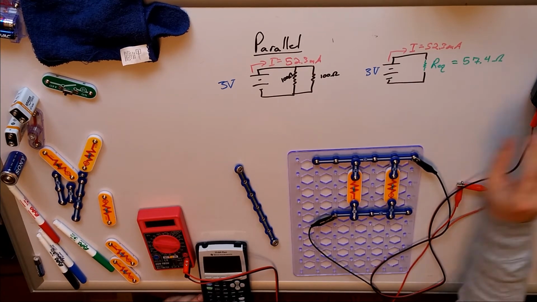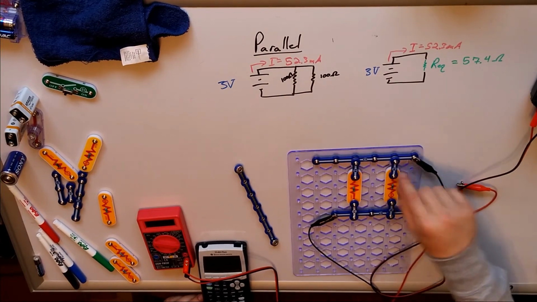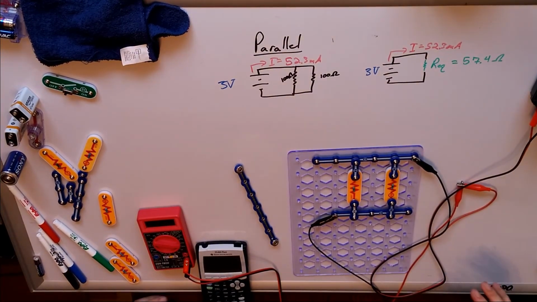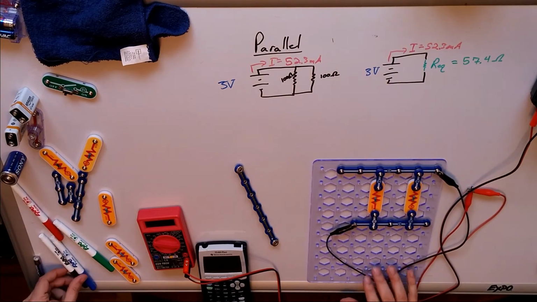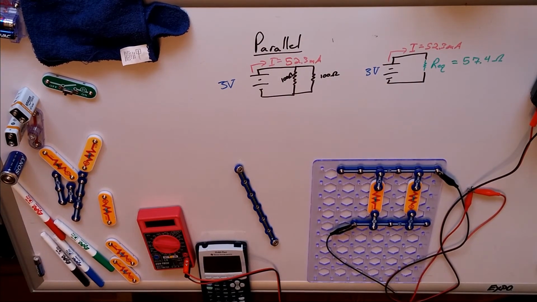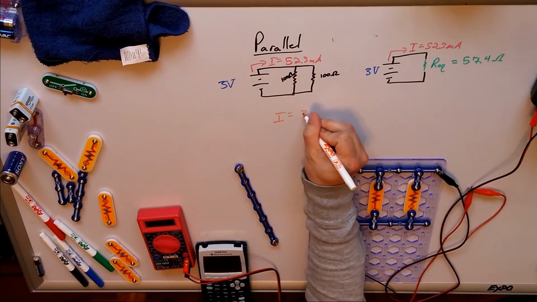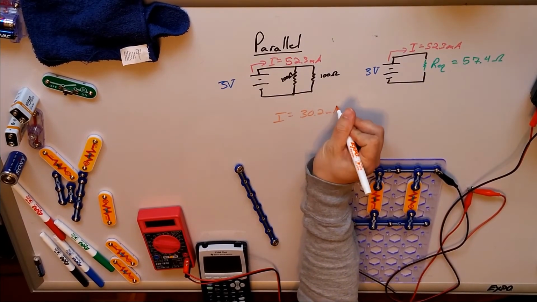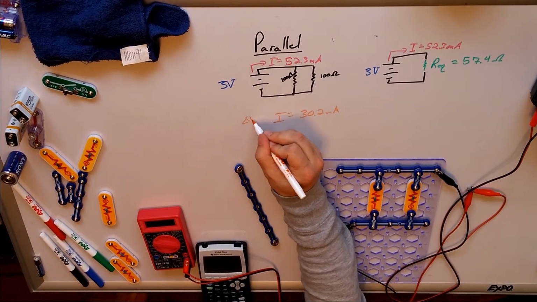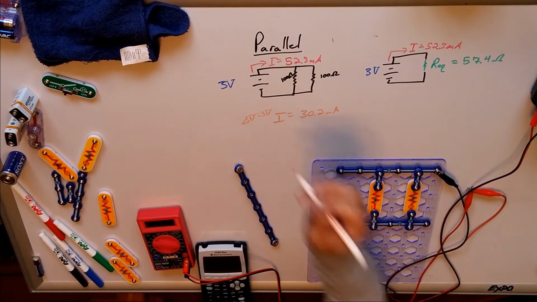All right, here we go. Now I've switched it out where we've got a 100 ohm, and this one is now a 1000 ohm. So let's see what we get. In this case, let's use a different color to keep track of this. Our current this time is 30.2 milliamp. Our delta V is still 3 volts.